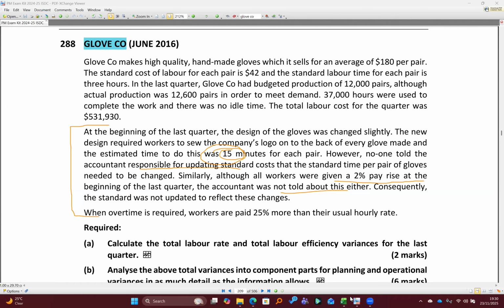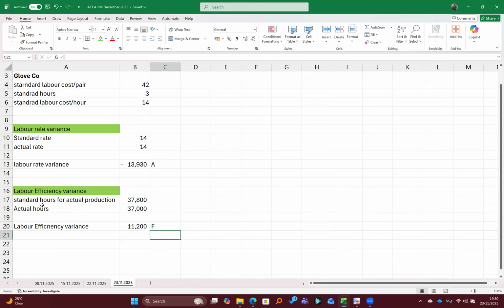Which means that for each of these variances, we can break them into planning and operational variances. So planning variances have to do with what has changed with the standard, and operational variances have to do with the effect of what has happened even with the new standard.